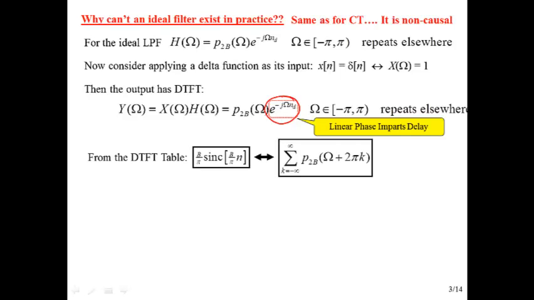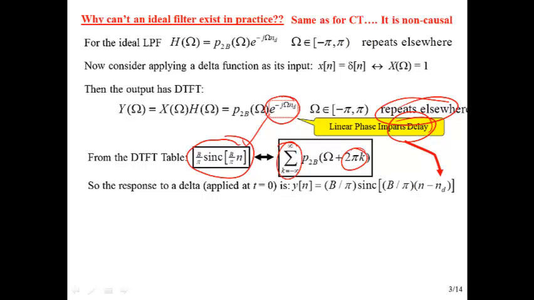And so we can look on our DTFT table. Again, remember, this machinery is just to create the repeats. We see that on our table, and we recognize, okay, our impulse response before this delay is this sinc function, and then after the delay we have included this n sub d here.